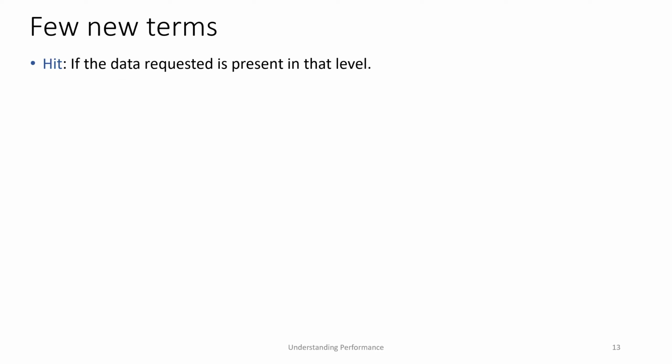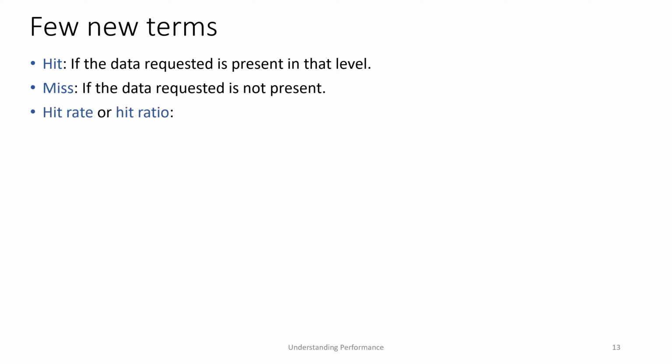So a few new terms. Hit is an event where we are finding the data in that particular level. Let's say there was a request from the processor to the L1 cache for some data. We take the address, we look into the L1. If the address is there, meaning that the corresponding data will also be residing, it is called a hit. If it is not there, then it is called a miss.